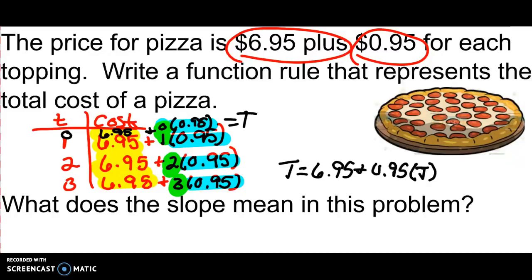I probably shouldn't use a T. Sorry, I got a little excited there. Let's erase that. So we'll make this my cost. How's that? Sometimes you just have to change things.